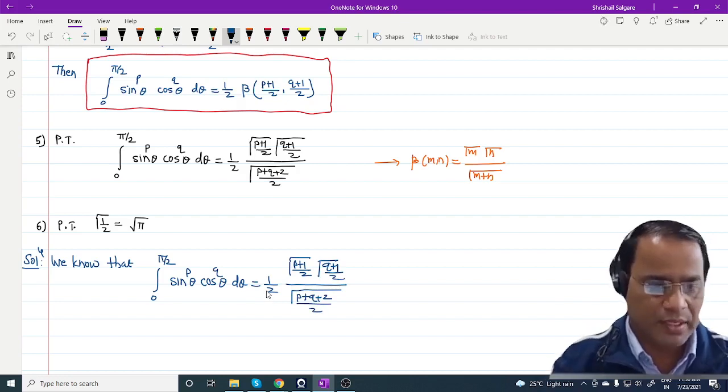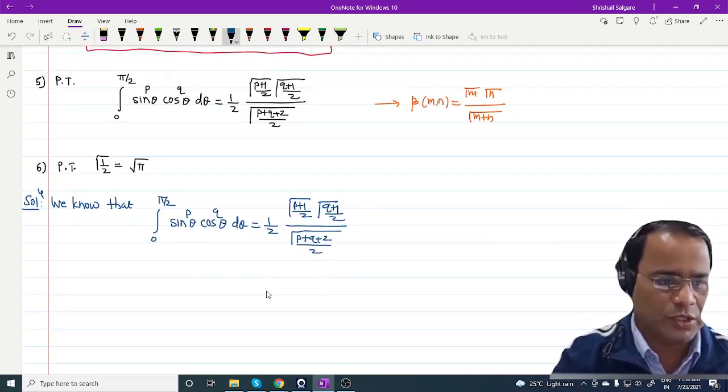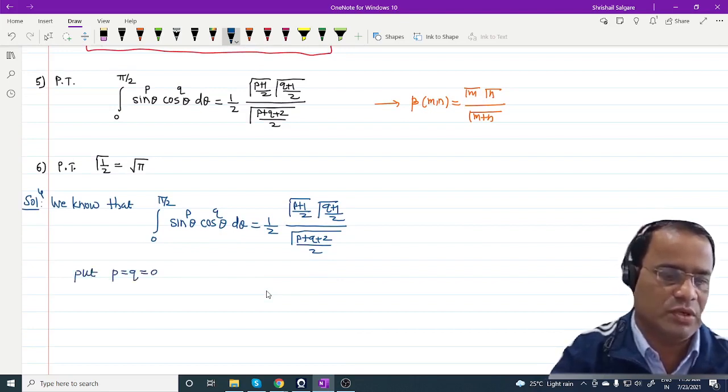Okay, this is the property. Now in this property, what you have to do, you have to put both p and q equal to 0.